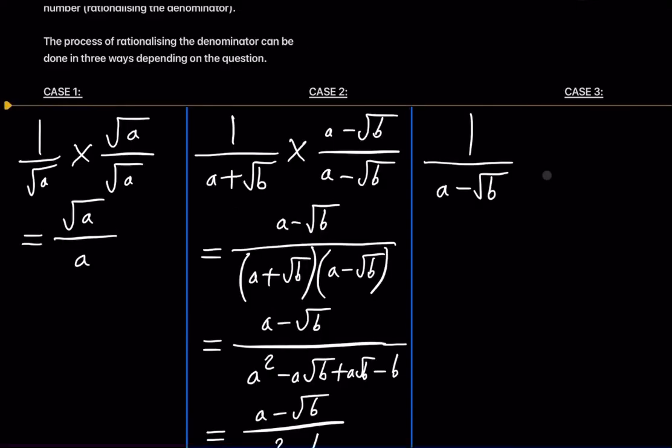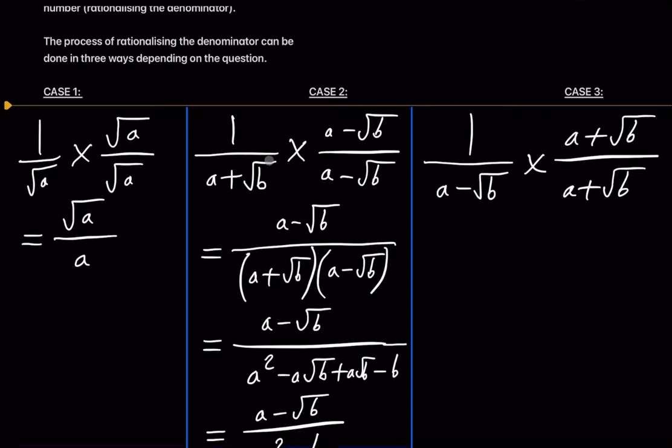Now for case 3, we've got 1 over a minus root b, and in this case, in order to rationalize this fraction, we multiply the numerator and the denominator by a plus root b. And you can now see the pattern here. In case 2, the denominator had a plus root b, and in this case we multiplied both the numerator and the denominator by a minus root b.